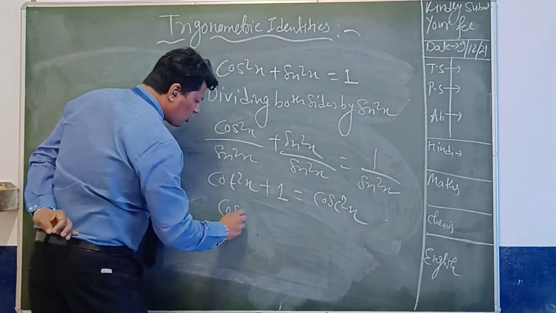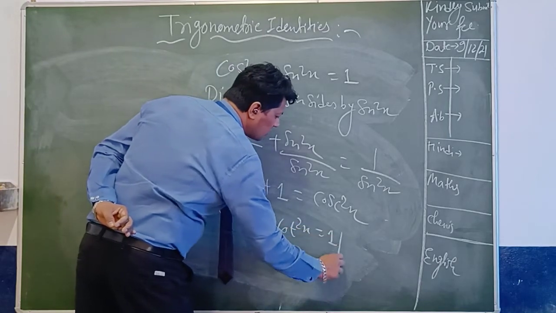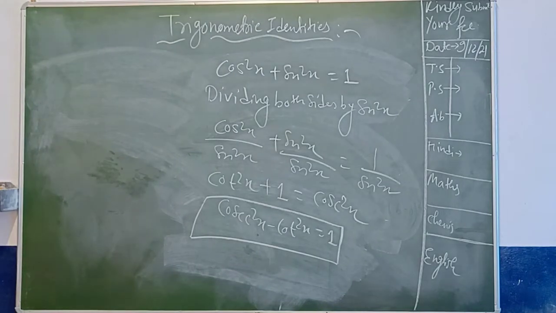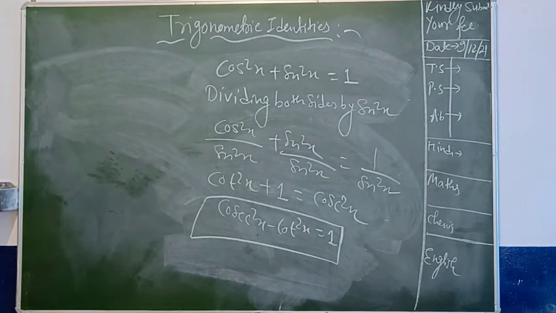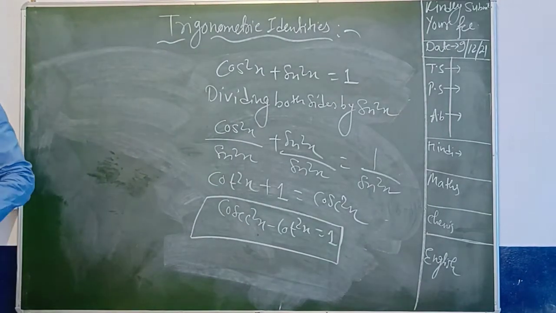We will get cosec square x minus cot square x equal to 1. Clear?